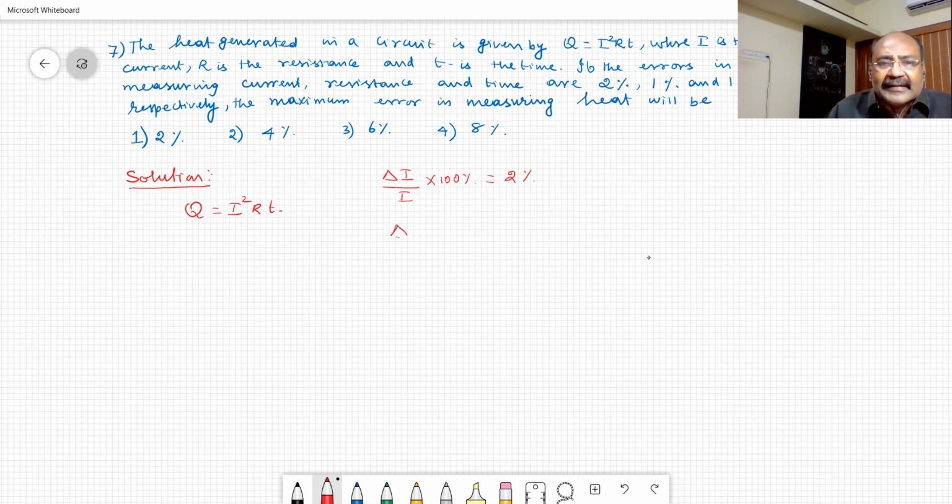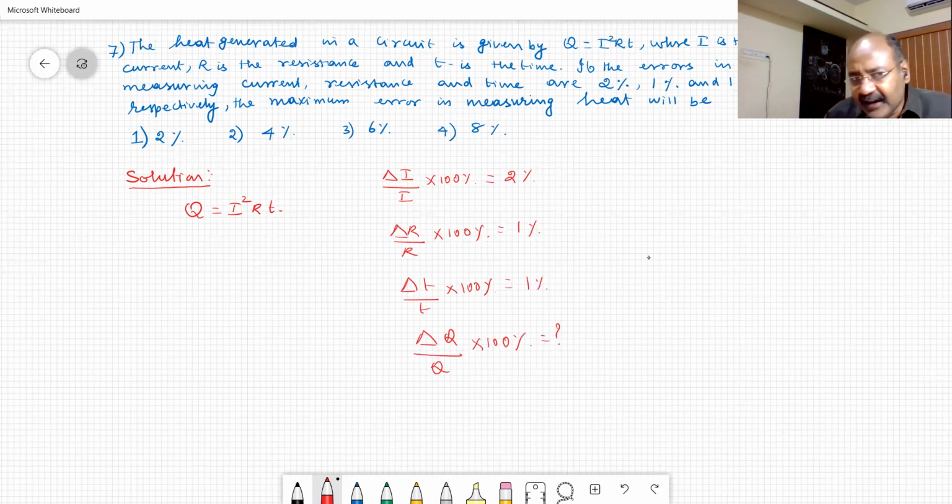Similarly, in measuring resistance, delta R divided by R into 100% is given to be 1%. Similarly, in measuring time, delta T divided by T into 100% is given as 1%. And you are asked to calculate delta Q divided by Q into 100%. This we are calling the maximum error in measuring heat.